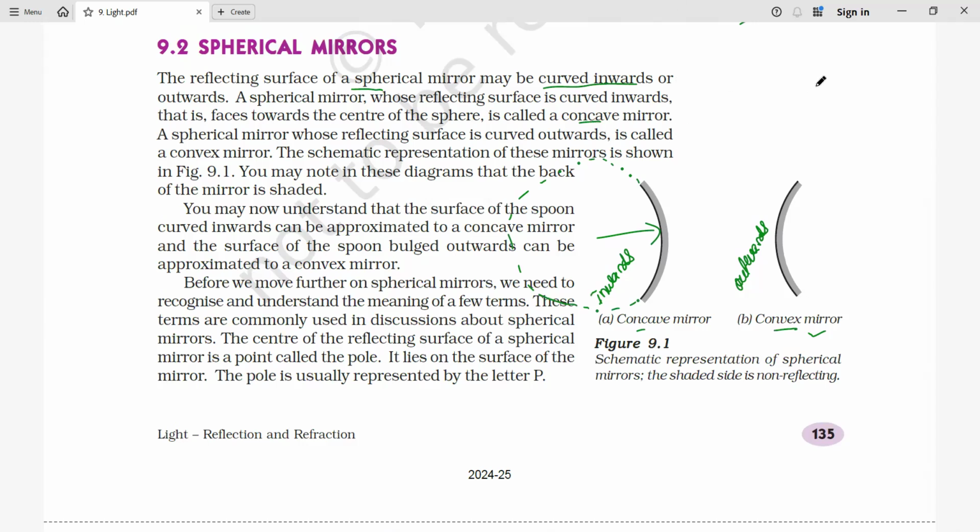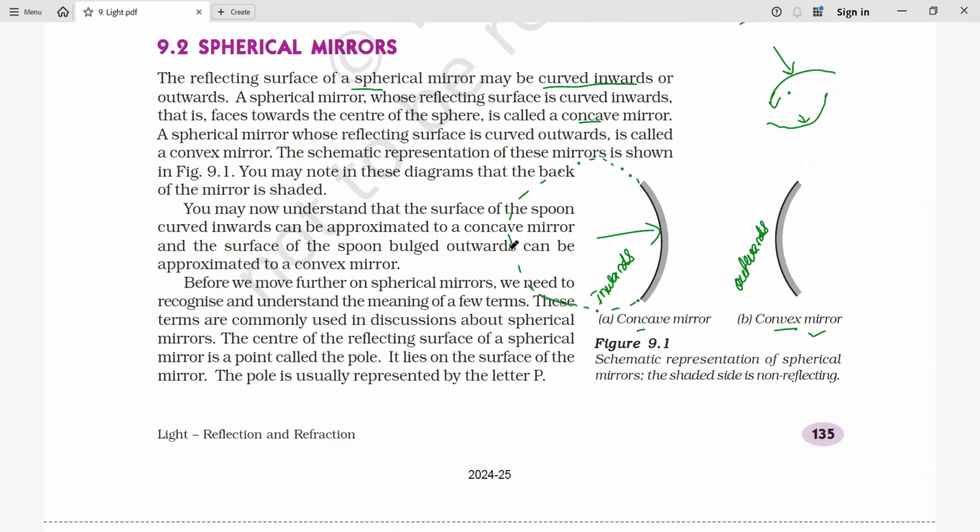If you keep the spoon inverted, it will become convex. If we keep the spoon the way we eat with it, then it will become concave. So that's why they take the example of the spoon, curved inwards.